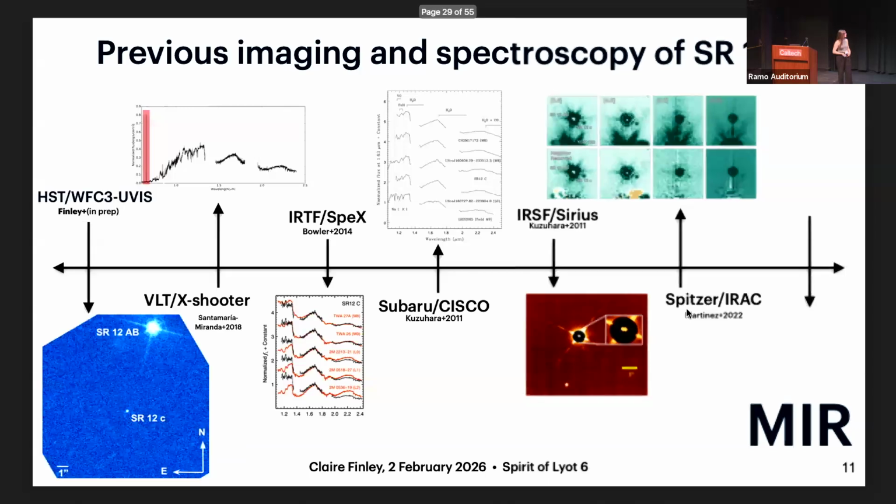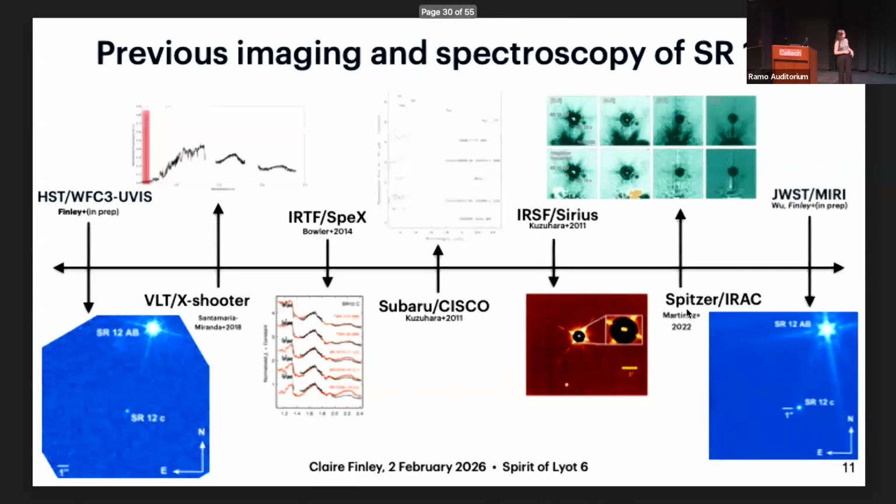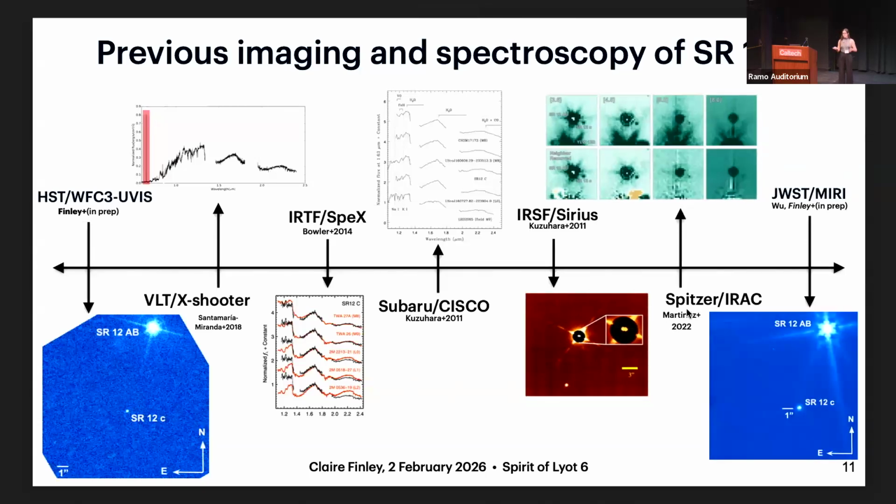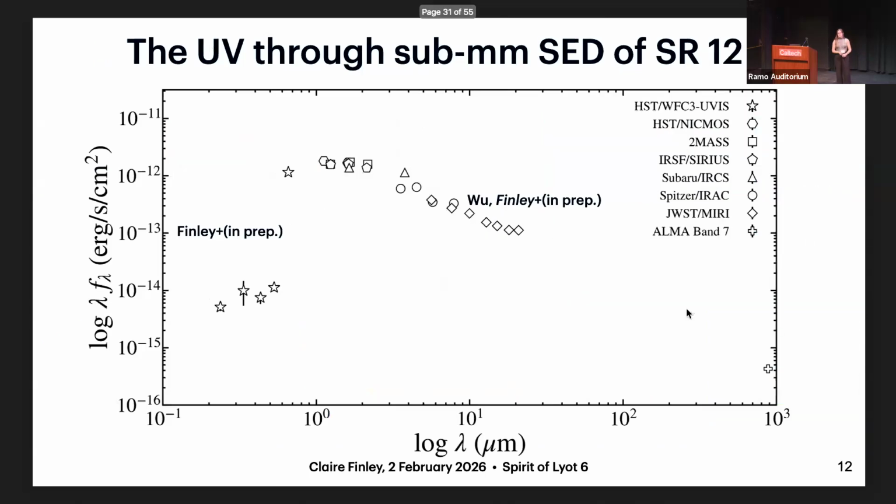So with the addition of this new data set, we can cover the left-hand portion of the planet's SED, and then with the addition of the MIRI data that Yellen will be describing after this, we can fully cover the electromagnetic spectrum for this planet, making it one of the broadest wavelength coverage SEDs of a giant planet to date. So this is what the photometric SED looks like, particularly with our 2 new data sets added.